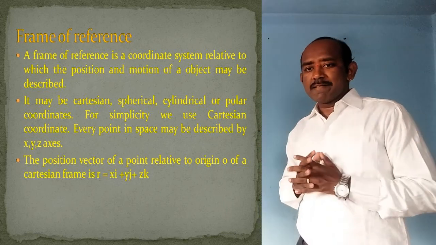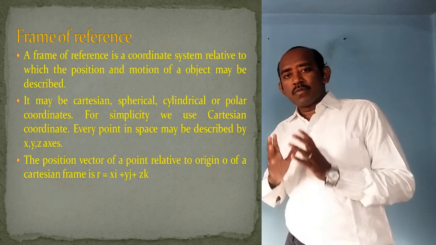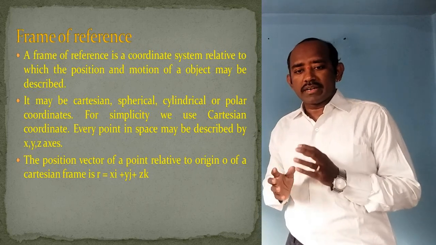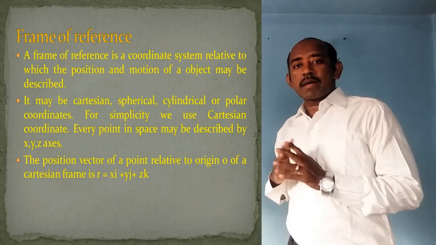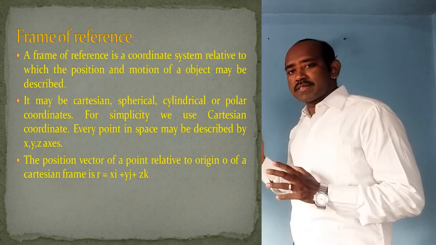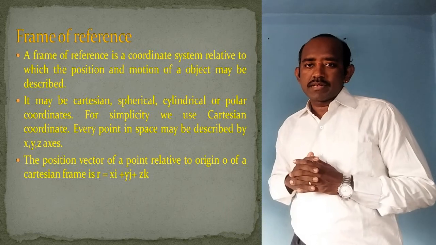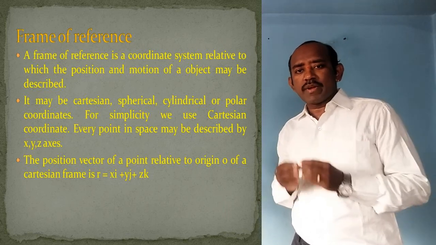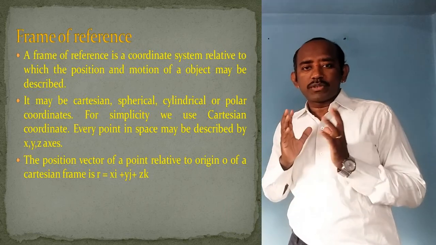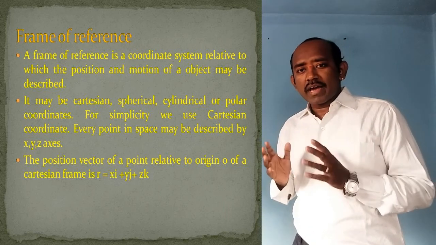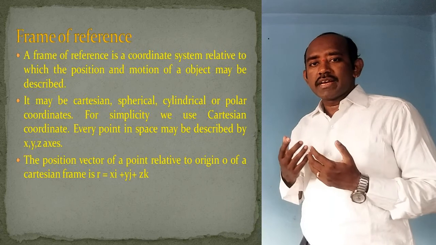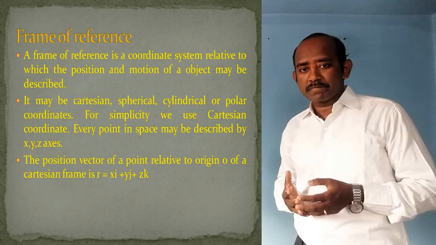For simplicity, we are taking only the Cartesian coordinate system. Every point in space can be represented by x, y, z axes. Now we can write the position vector of a point relative to the origin, that is r equals xi plus yj plus zk.